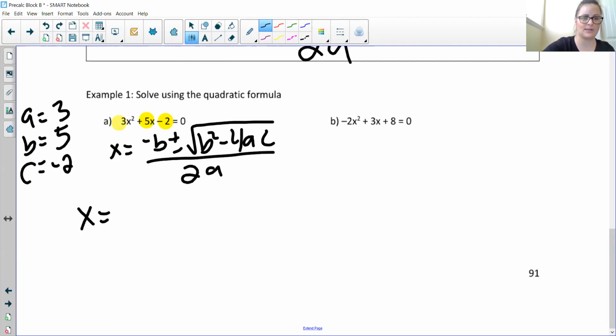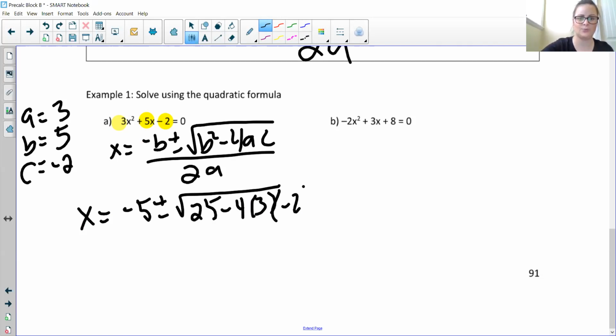So negative b is negative 5, plus or minus the square root of b squared, which is 5, so that's 25, minus 4 times 3 times negative 2, all over 2 times a, which is 3.